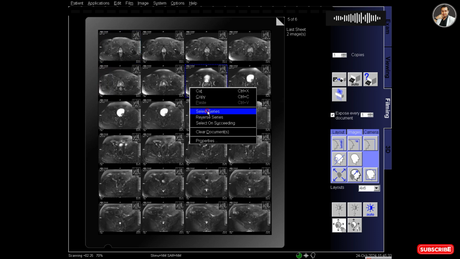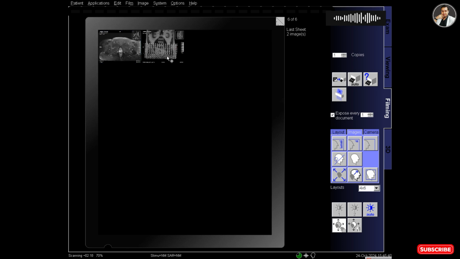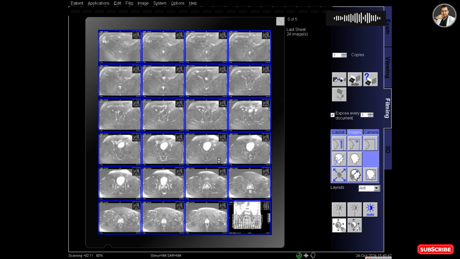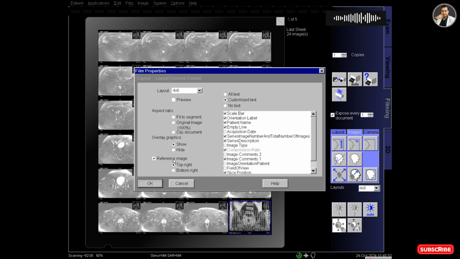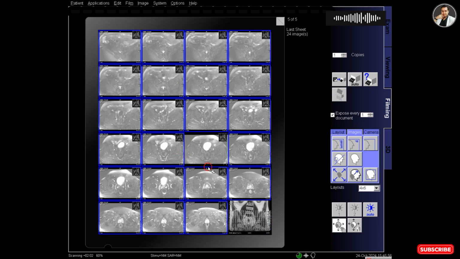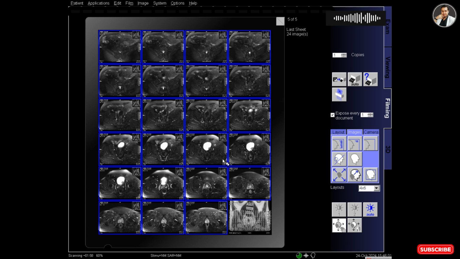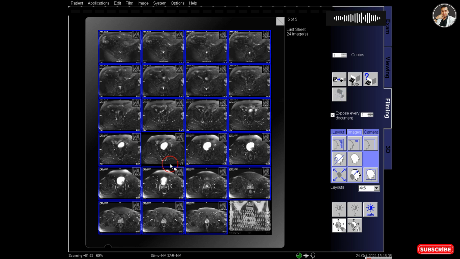You can see that the images are in inverse position, so I have to reverse it so that the image sequence is from up to down, or from superior to inferior, and adjusting the reference image. And adjusting the contrast of the images.